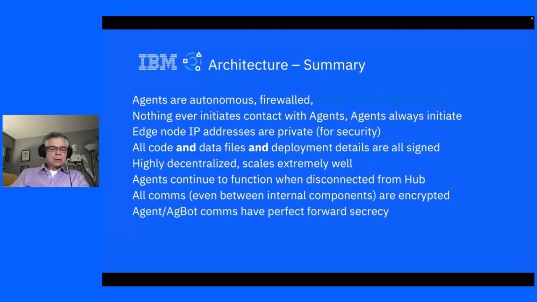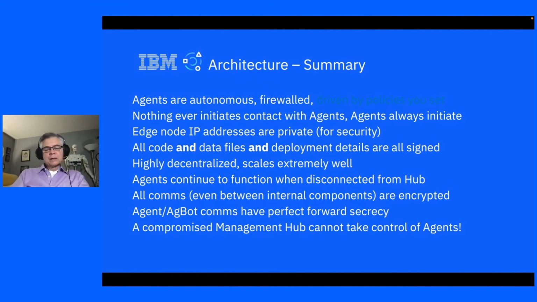And the agent Agbot comms have additional protection by using perfect forward secrecy. And a compromised management hub cannot take control of the agents. So remember that botnets were one of the things we really wanted to try to do our best to prevent. So even if you take over the management hub, the management hub cannot tell agents to run their own software.